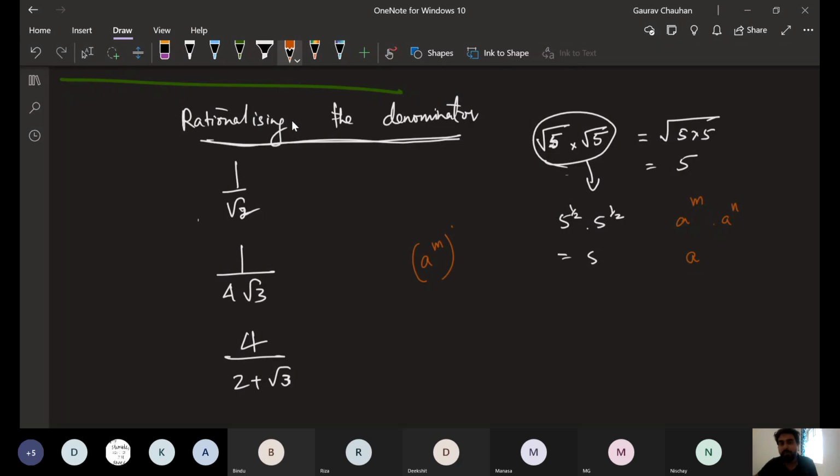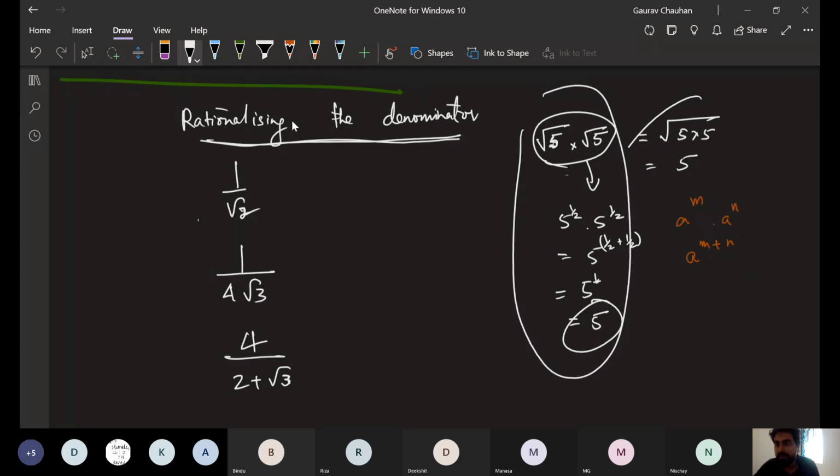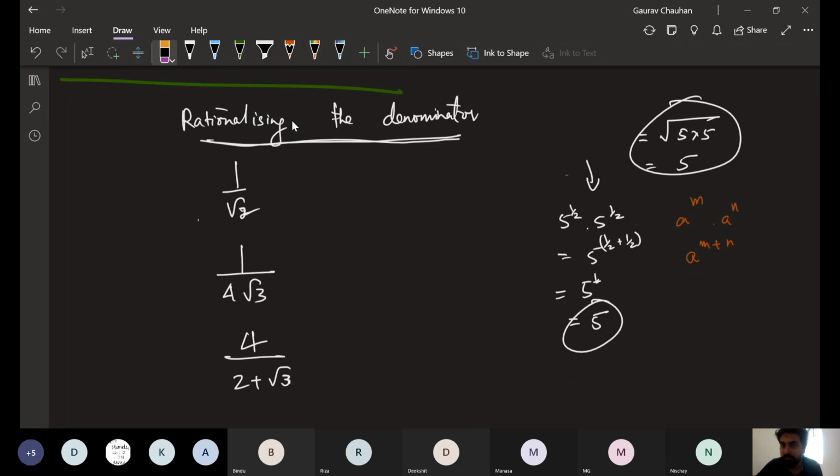A power m whole power n is a power m into n. This is a power m plus n. Are we okay? So this will become 5 power half plus half. Half plus half is 1. So 5 power 1, that's basically 5. I'm getting the same answer in the exponent route, and the same answer in our normal square root. I'm just showing that to everyone.